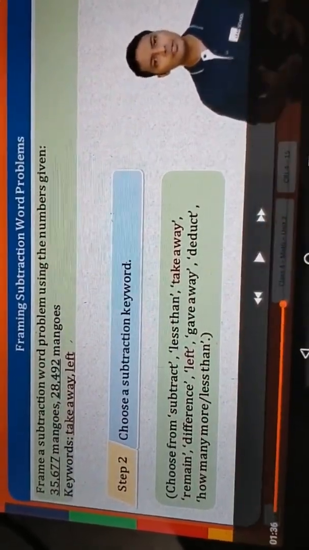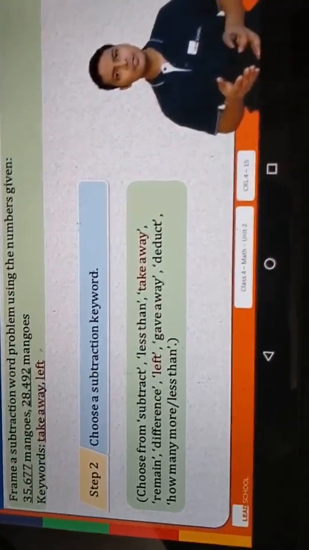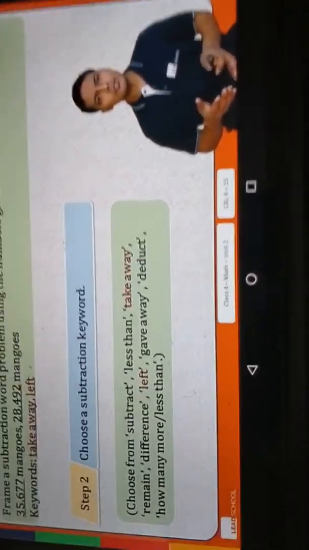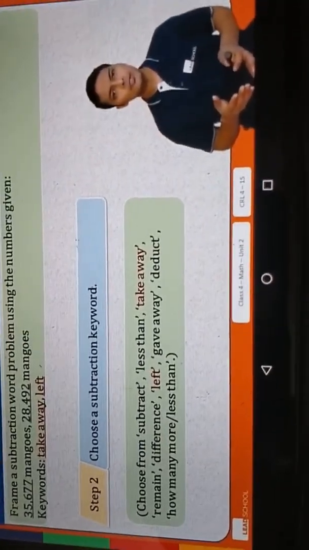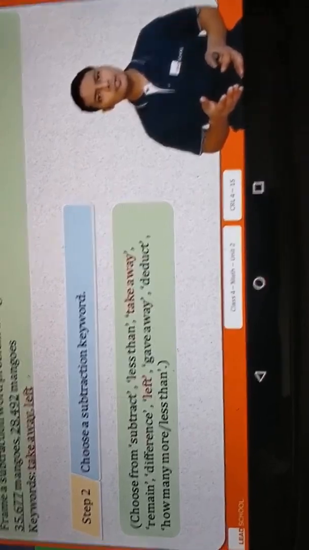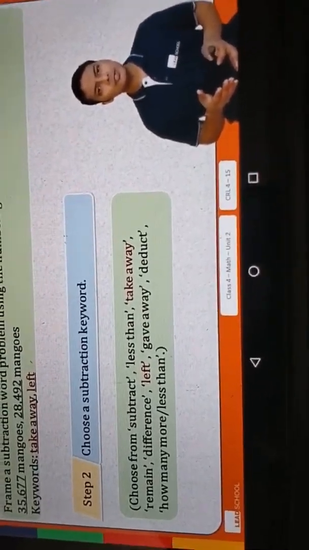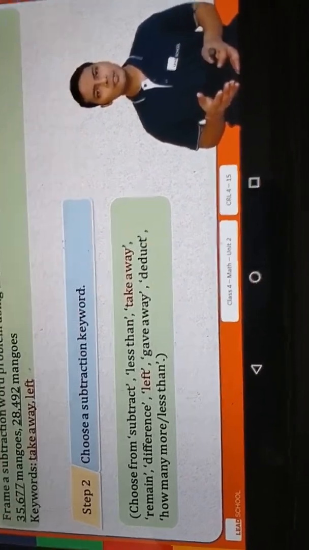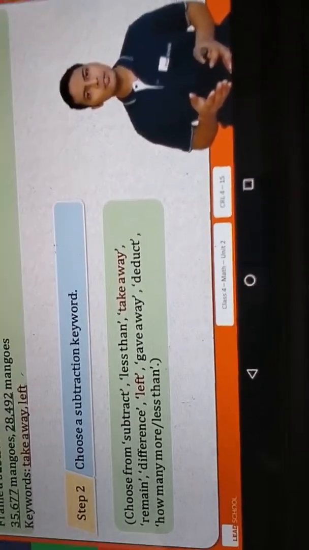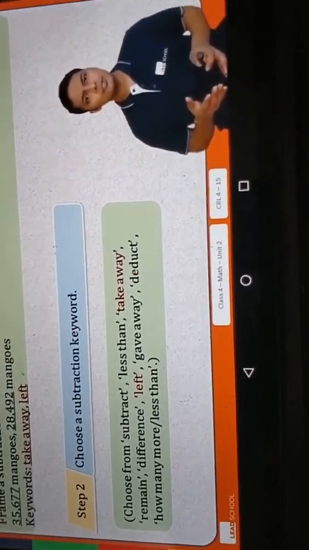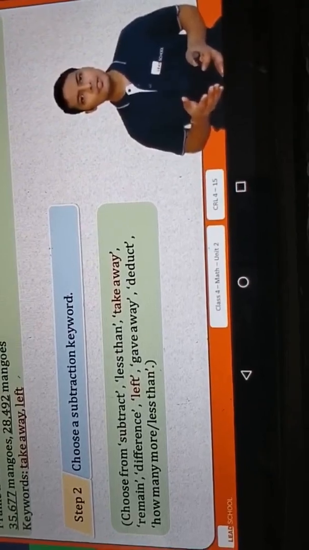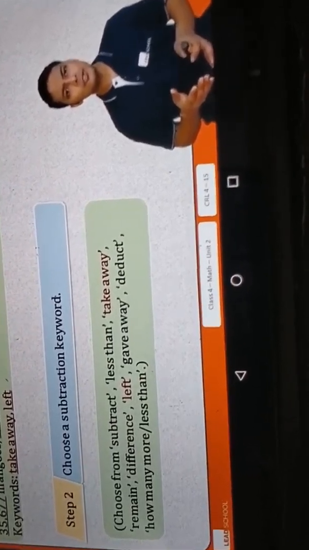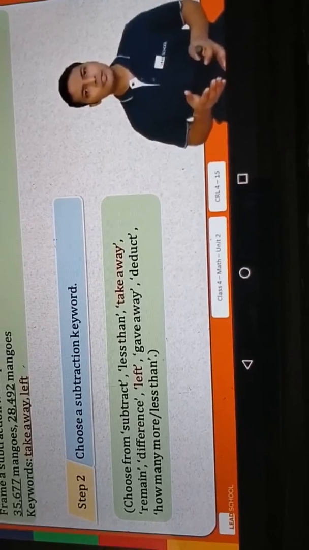Okay students, like we saw keywords for addition, in subtraction also we have keywords. Here are the keywords: less than, take away, remain, difference, left, give away, deduct, how many more, how many less. When you see keywords like these in the questions, you have to do subtraction.